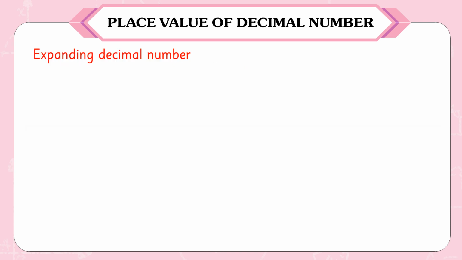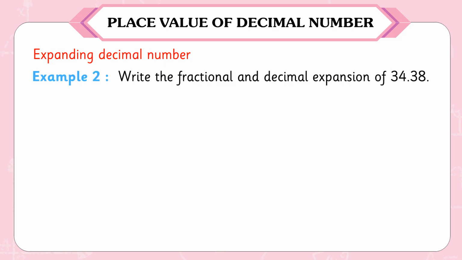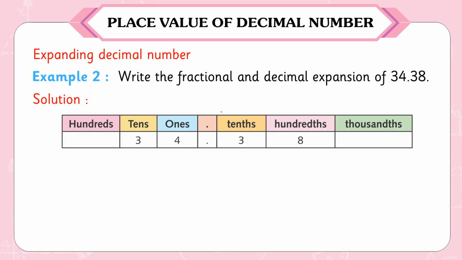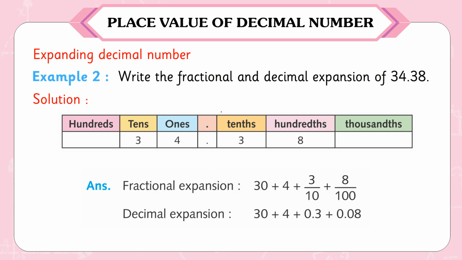Expanding decimal numbers. Example 2. Write the fractional and decimal expansion of 34.38. Solution. Hundreds, tens, ones, point, tenths, hundredths, thousandths. 34.38 is 3 tens plus 4 ones plus 3 tenths plus 8 hundredths.